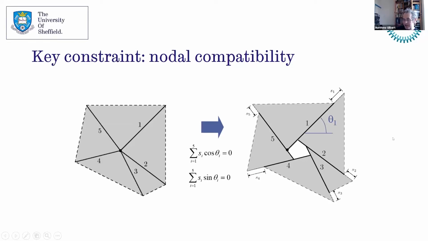The most interesting constraint is the nodal compatibility constraint. This maps to the equilibrium constraint in the truss problem. So if you imagine that these 1, 2, 3, 4, 5 lines in the left-hand side were truss bars, then what you're trying to do at the node is enforce equilibrium in the x direction and the y direction of the forces.